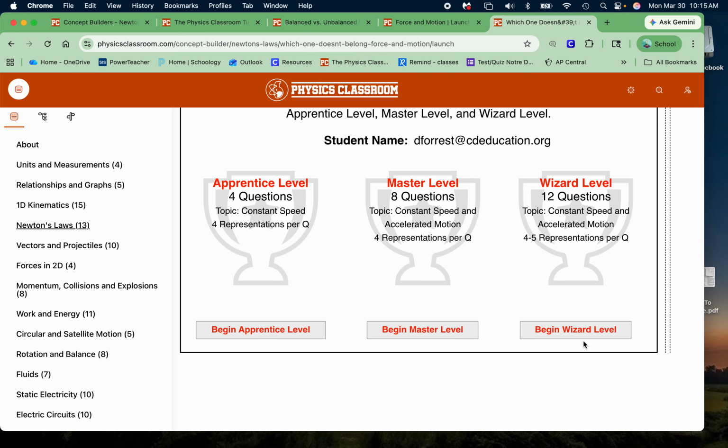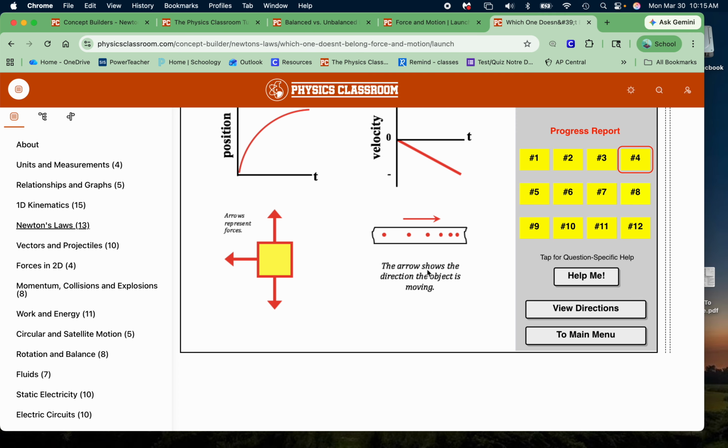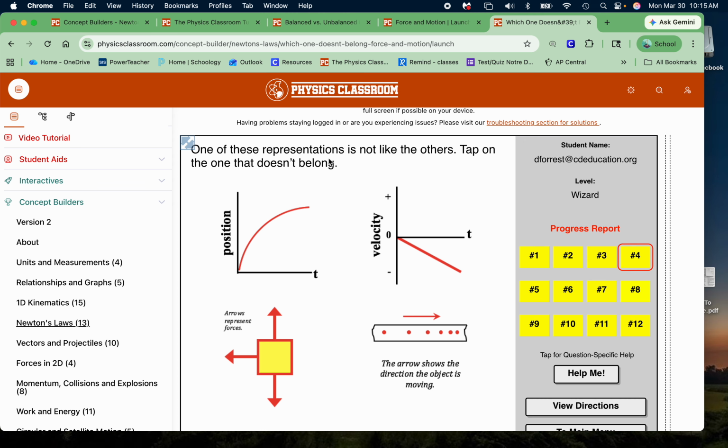I'm going to do one from the wizard level. So in this case, one of these does not belong. So this shows I've got a positive velocity, but it's getting slower and slower. This shows a negative velocity going faster and faster. This shows I'm moving to the right, so that's a positive velocity, slower and slower. This, with a force to the left, could agree with these two. It would not agree with a negative.